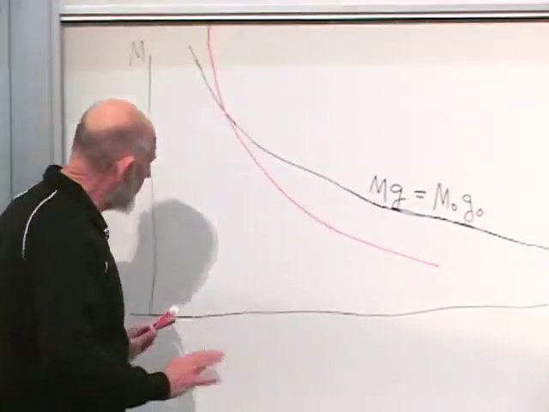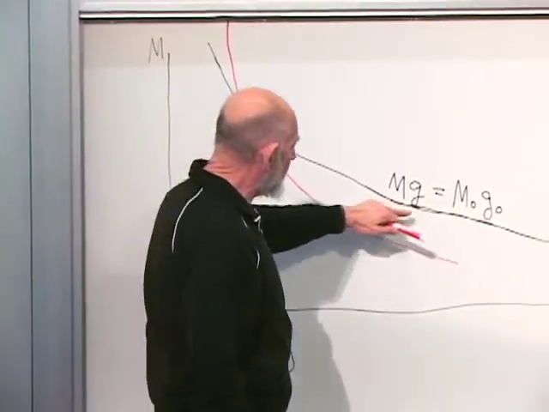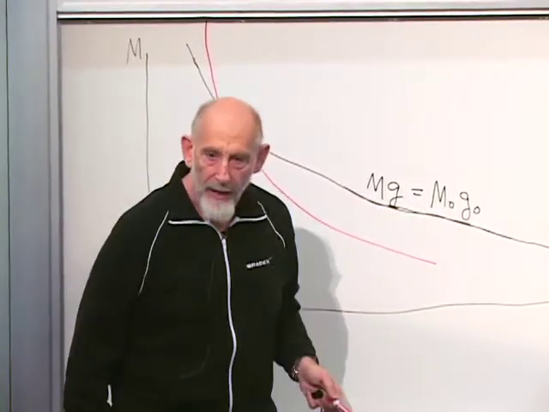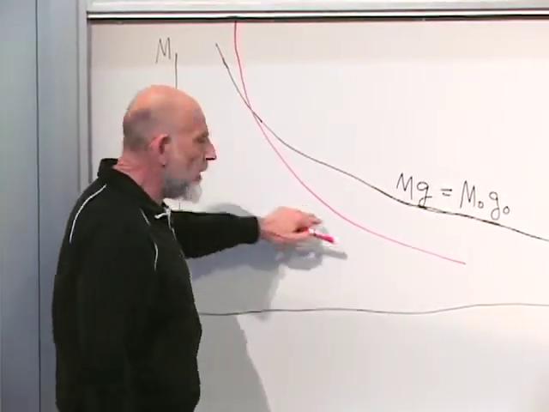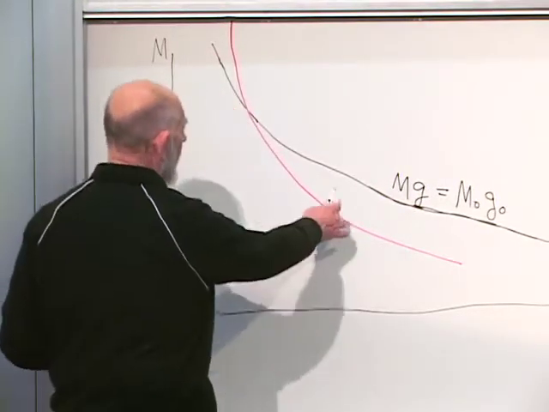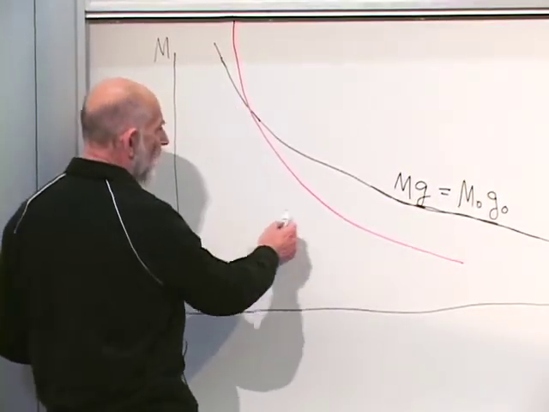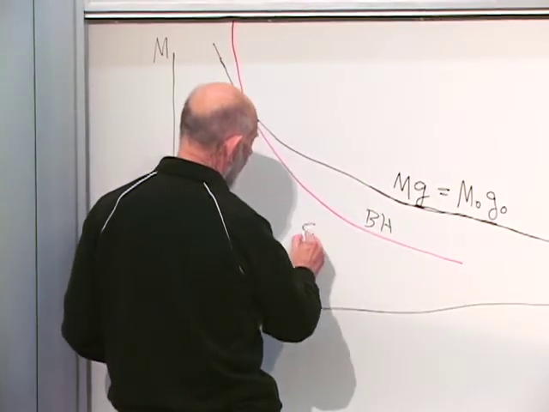So let me remind you what these two curves are. One of them is just the curve of constant entropy for a black hole. The other is the transition curve, where when you go from the right side to the left side, you go from black hole to string.